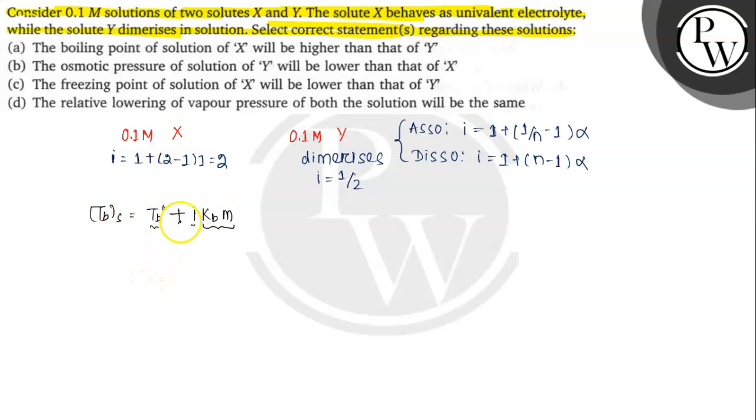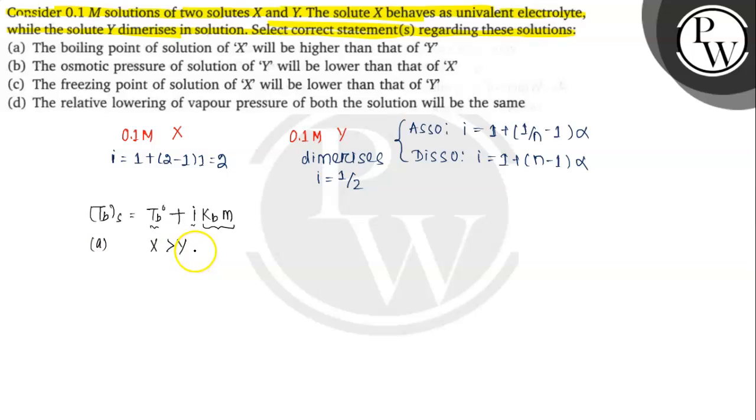So X has a Van't Hoff factor more than Y. That means the boiling point of solution of X will be higher than that of Y. So the first statement is correct.